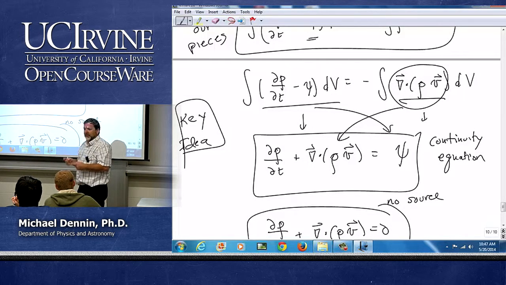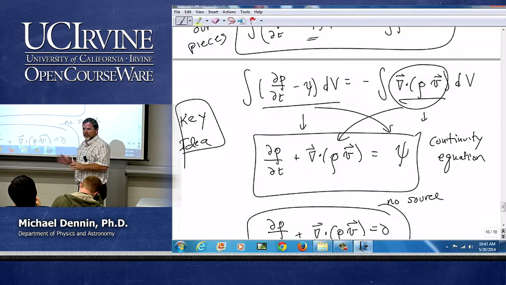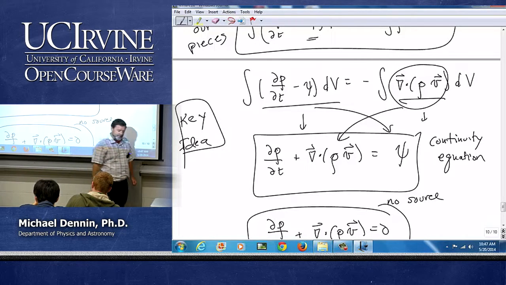And remember what we said, tensors are fundamentally things when you have two directions. You have the momentum with the direction, and then the surface direction that it's moving through. So you end up with a little more fancy stuff, but you basically get the equivalent of a divergence acting on a tensor, and it all works out.